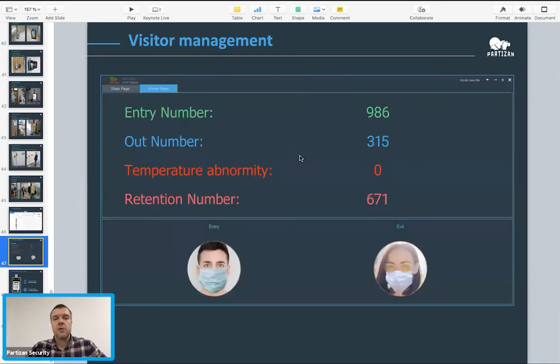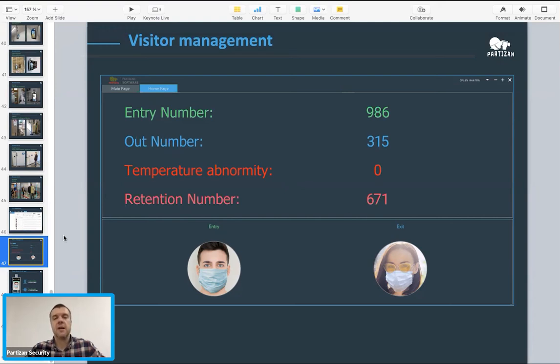And here is how it looks if you put this device in and switch on the people counting. For example, you will have the entry number 800 with something, out number 300 with something, and finally it will bring you the retention number. So how many people are inside, basically it will be 600 with something. When we are talking about some countries now, there are limitations on how many people can stay inside your shop or premises.